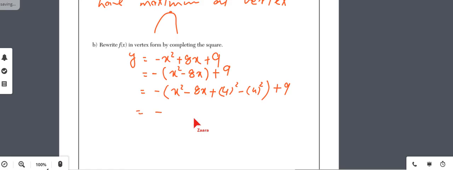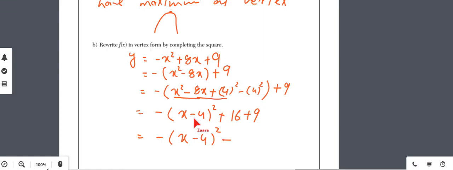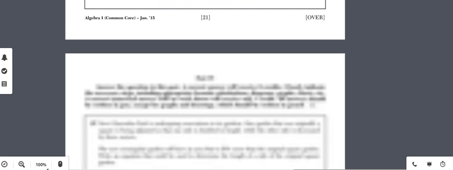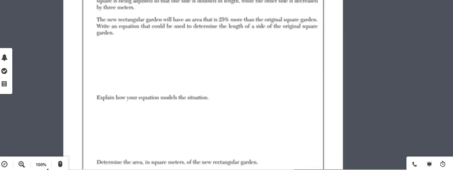So I will get negative x square minus 8x plus 4 square, which is a complete square, x minus 4 whole square, and this negative will make the subtracted 4 square positive, so I get 16 plus 9. So I am getting negative x minus 4 whole square plus 25. This is in the form of x minus h whole square plus k, which is basically our standard form.